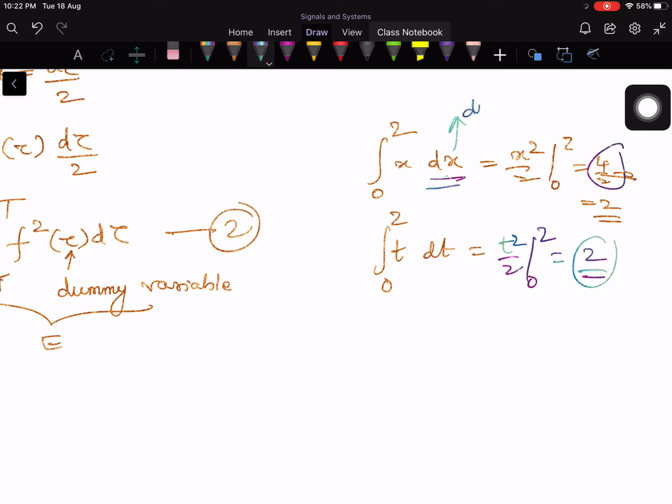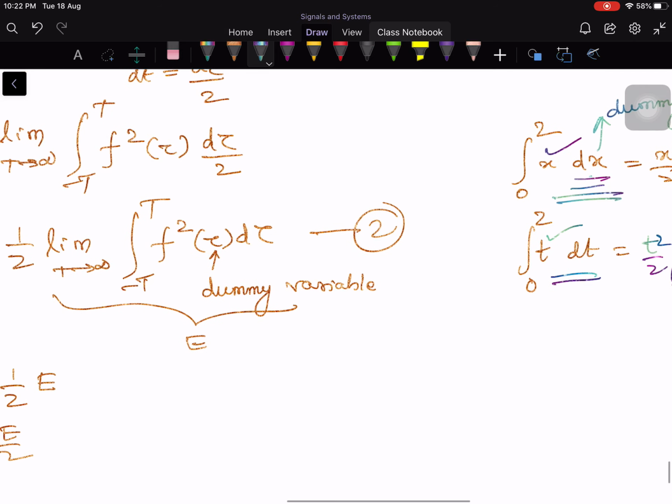Therefore these are called dummy variables. So therefore this integral is equal to this integral. Here I used the variable as x, and here I used t. So you just replace x by t. That means you are not changing the integration. The integral value will be the same. It is not going to change.